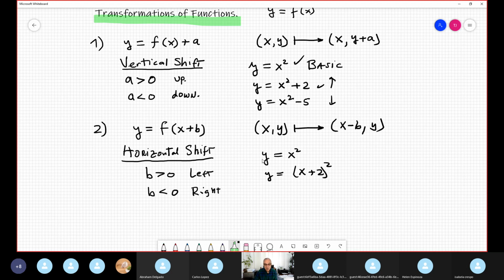This was 2 outside the parenthesis, which means you affect the y component. In this case, it's inside the parenthesis and you affect the x component. In this case, the motion is to the left. You see in the animation after. And here, suppose it's (x minus 3) or minus 5 squared, it is to the right.